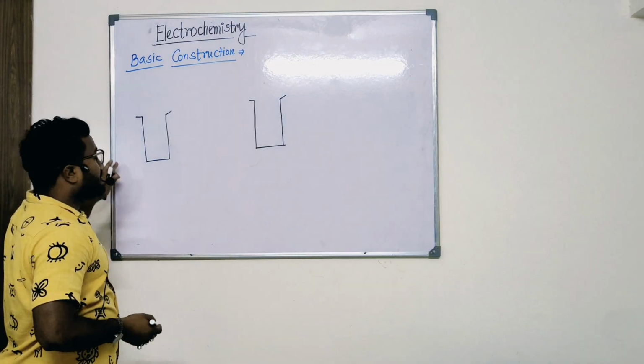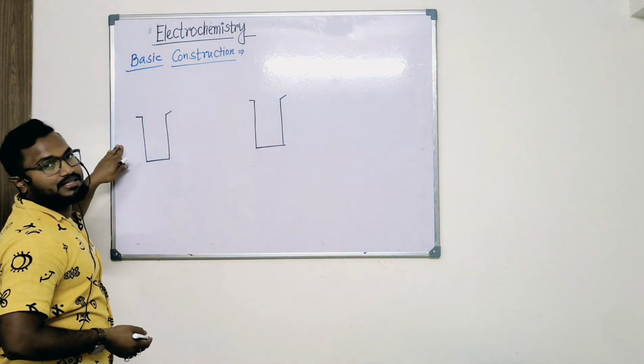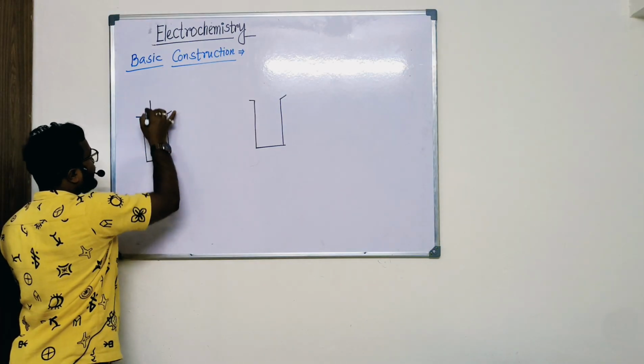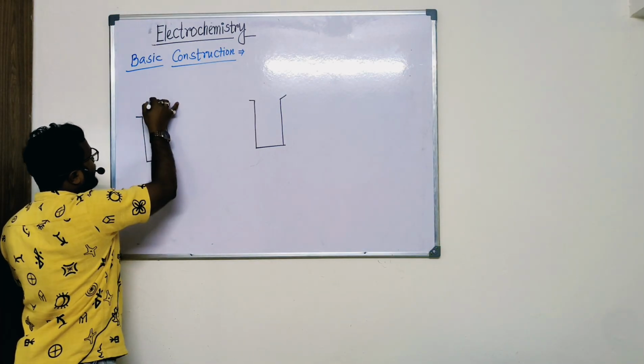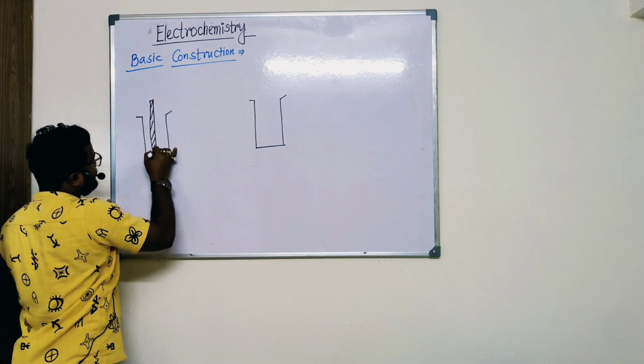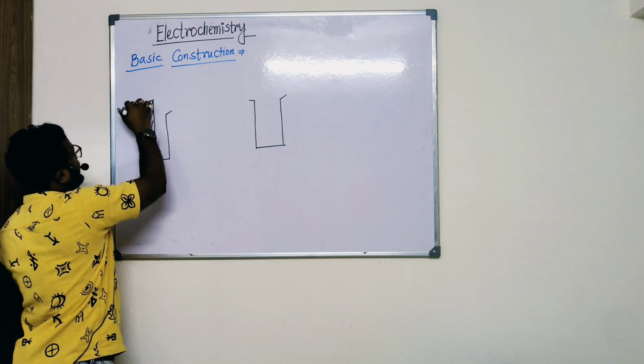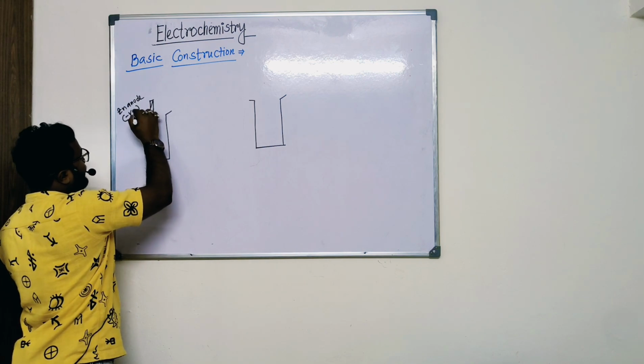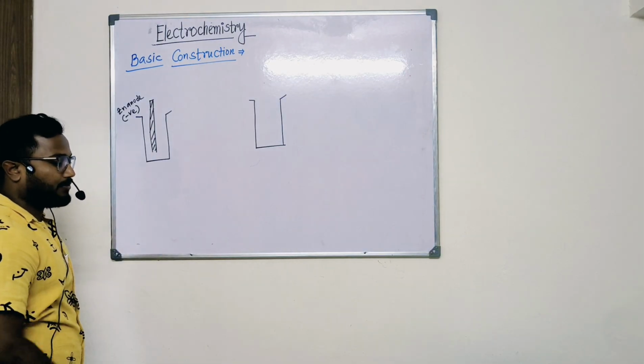In this case, the left side we consider as anode. Here we are connecting the zinc anode. This is our zinc anode. On the left side, the anode is the negative terminal. So this is our negative terminal.